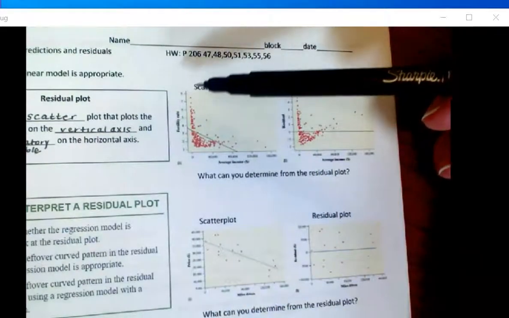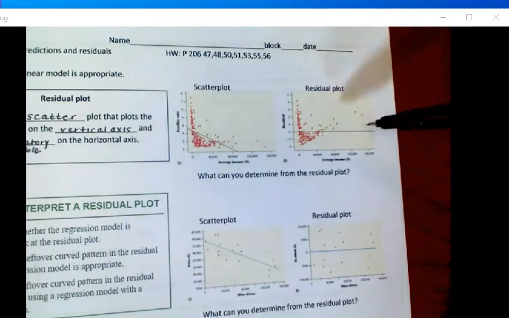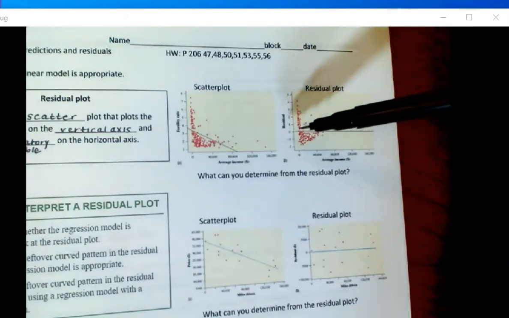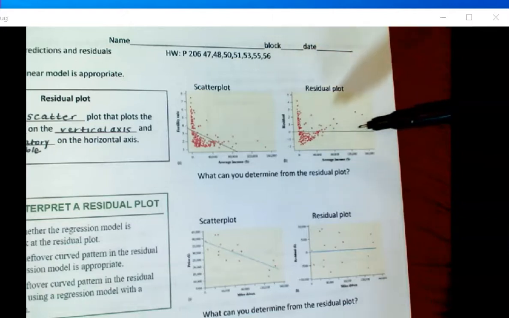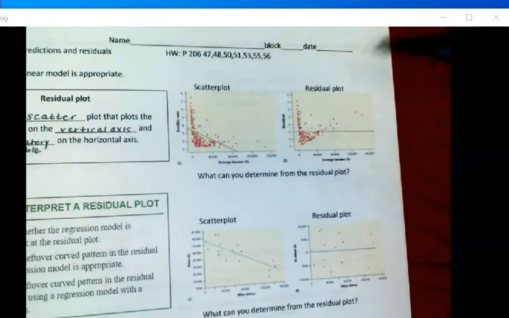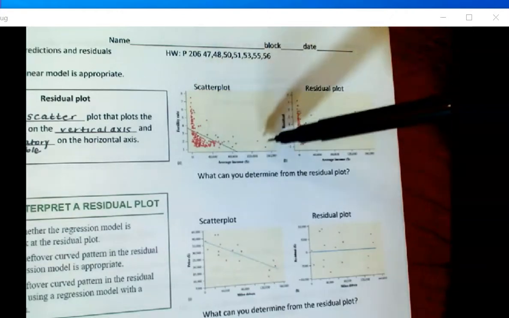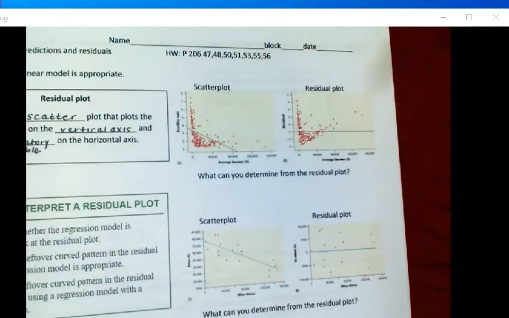Then instead of the response variable, you plot the residuals, which you get from subtracting the actual minus the predicted. For each of these points, they've gone through and found the residual. You always have a 0, and these points here have a positive residual, and these points underlined have a negative residual. That's basically what a residual plot looks like.